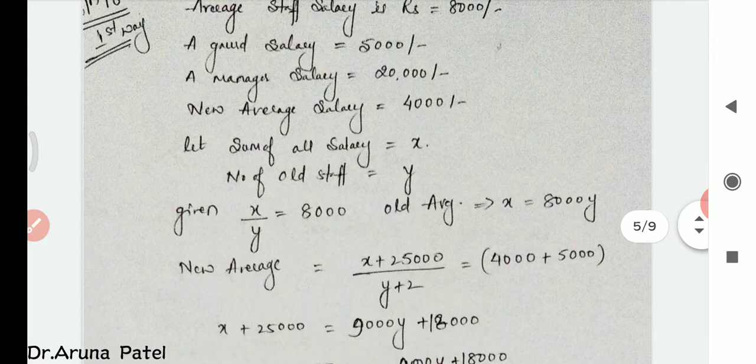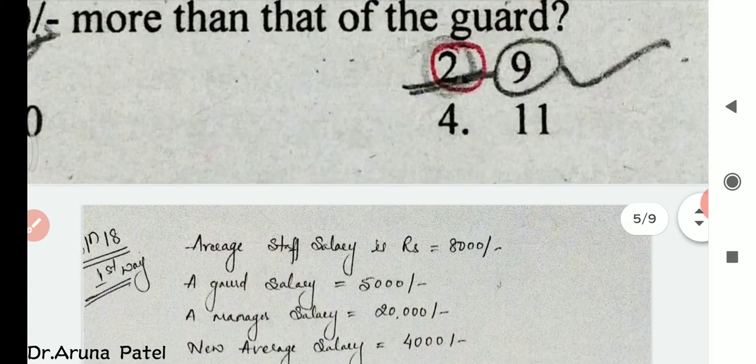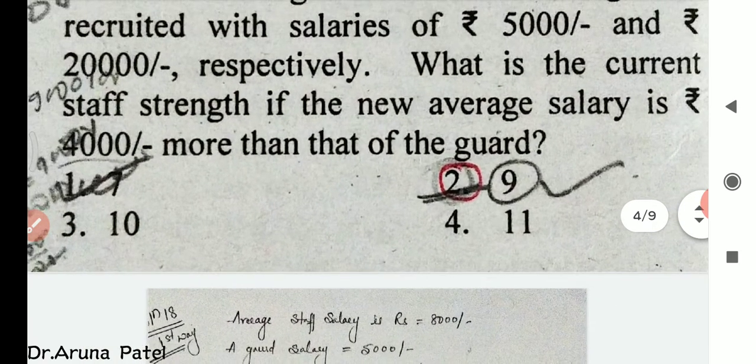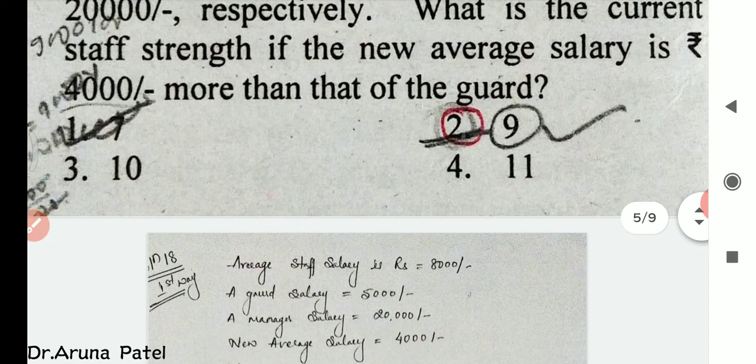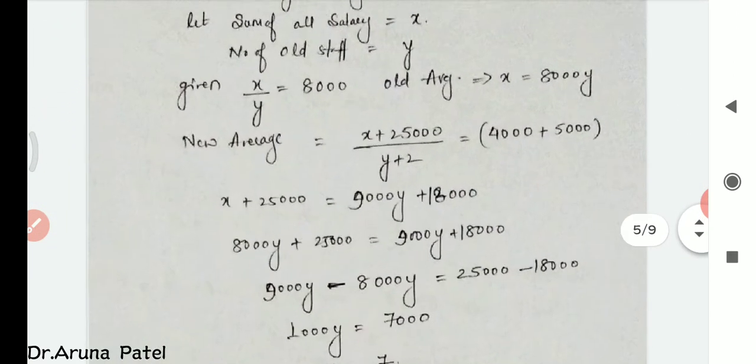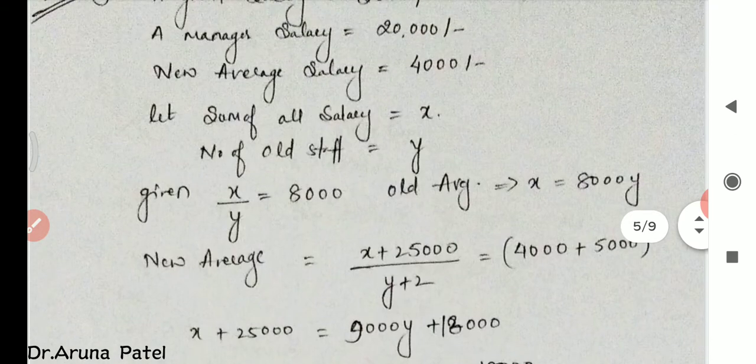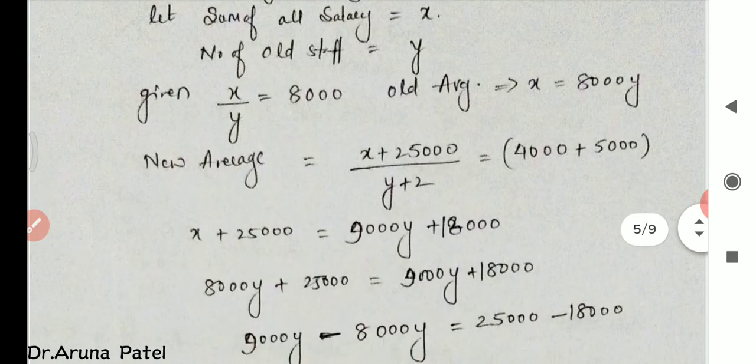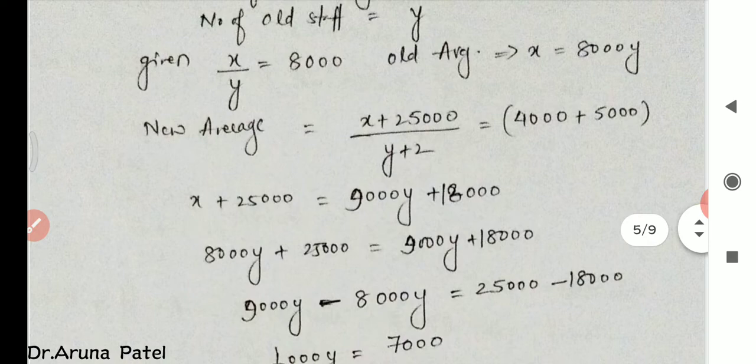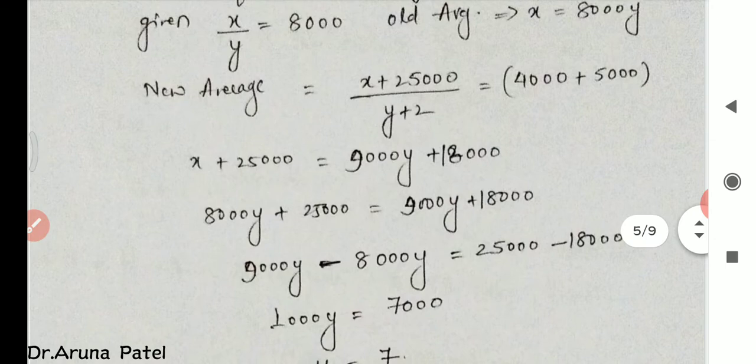Now we have to read the last line very carefully: the new average salary is 4,000 more than that of the guard. The guard's is 5,000 and we add 4,000, so we get 9,000. So X plus 25,000 over Y plus 2 equals 9,000, and multiplying on the right side you get 9,000Y plus 18,000. On simplification, you get 8,000Y plus 25,000 equals 9,000Y plus 18,000.